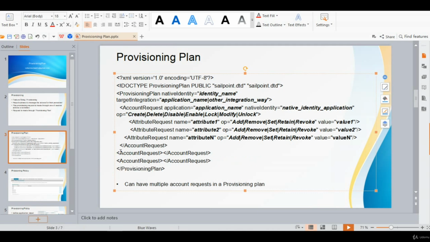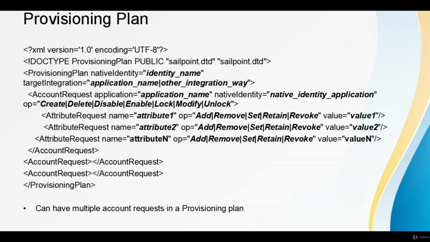In this account request, again you have to pass all the things like application, native identity, operation, and inside them you have to pass attribute request, name, value, and operation. So this is the syntax which SailPoint demands for a provisioning plan, and this is the syntax which SailPoint understands.